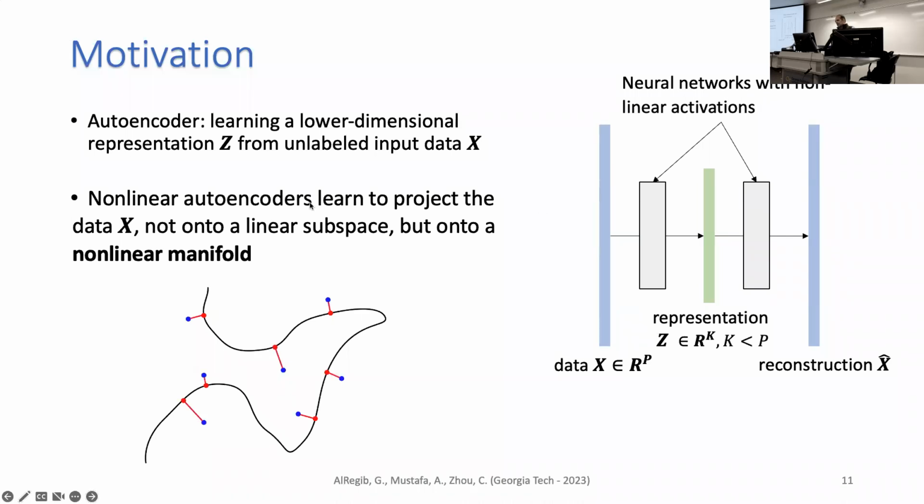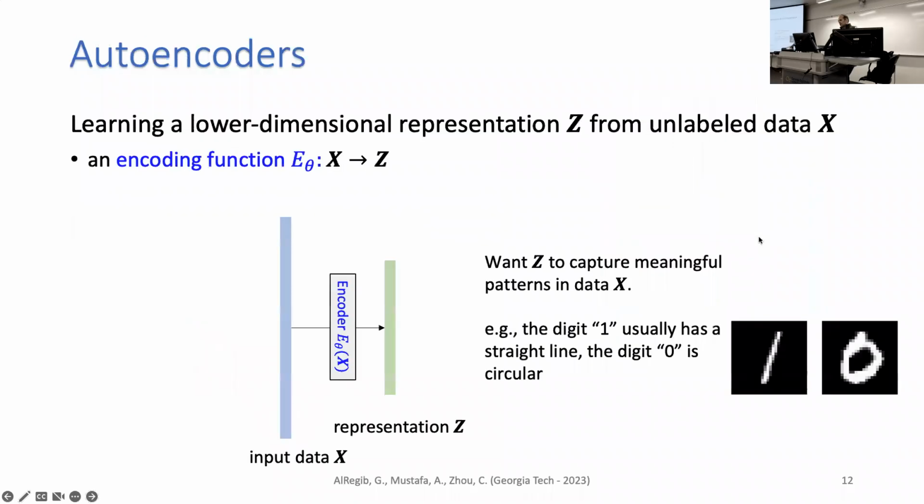Okay, so now we can expand that idea and look at what we can do to explore nonlinearity in our data. That's where we go to nonlinear autoencoders. So let's look at the motivation. For example, if your data is the MNIST data set and you have just two digits, 1 and 0, you want the representation space to capture the features of a 1 as well as the features of a 0, right?